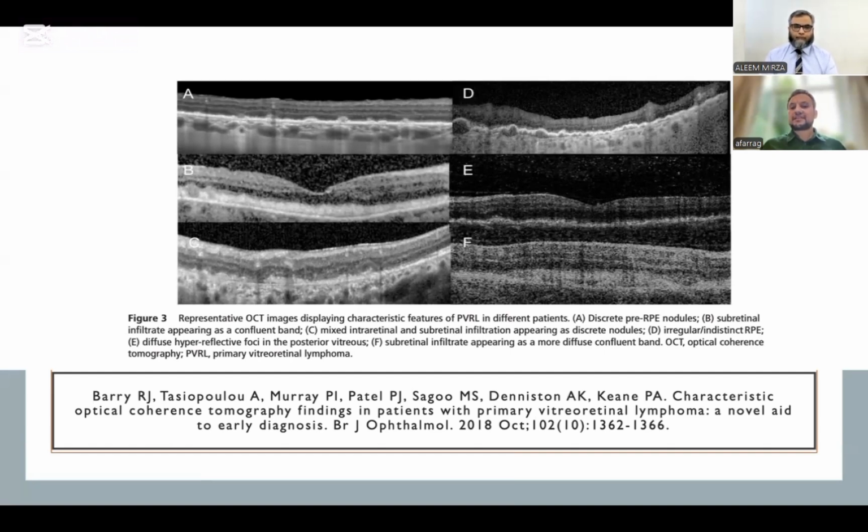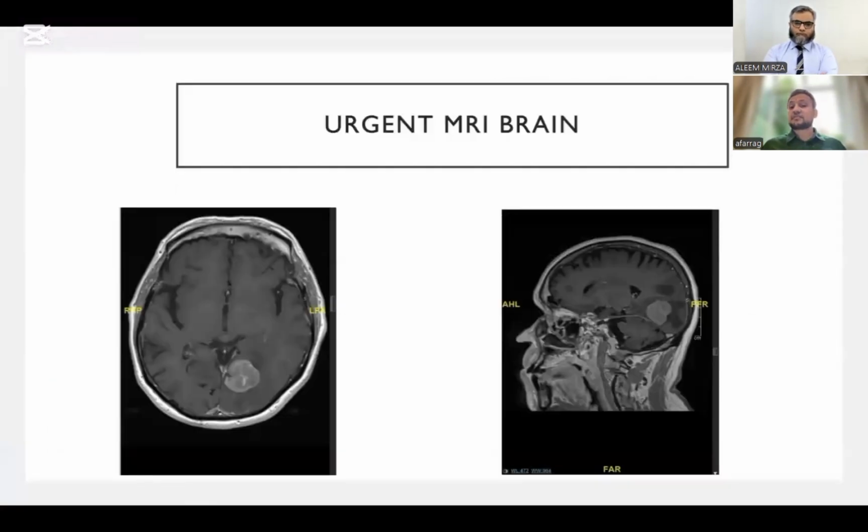As we can see here, there may be a pre-retinal pigment epithelial nodule, as in figure A, or subretinal infiltrate as a confluent band, or mixed intraretinal and subretinal infiltrate, irregular RPE. All these can be suggestive features for intraocular lymphoma. This patient had an urgent MRI, and as we can see, it shows lymphoma.